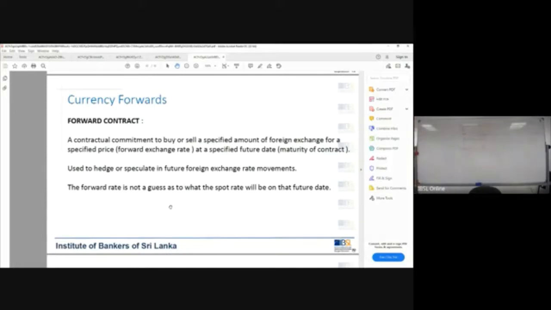It should be a combination of the amounts that you receive on that particular date. So in this case, the forward rate will be 220 divided by 1.01.